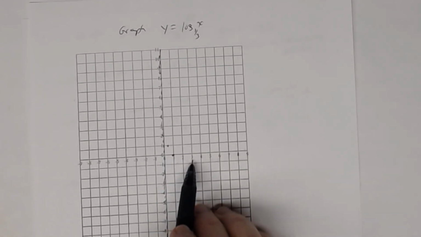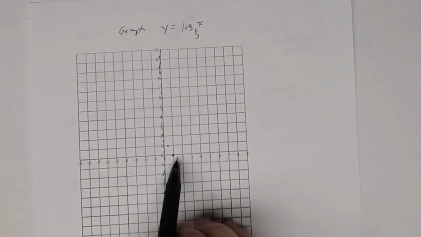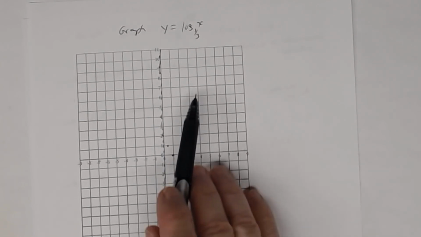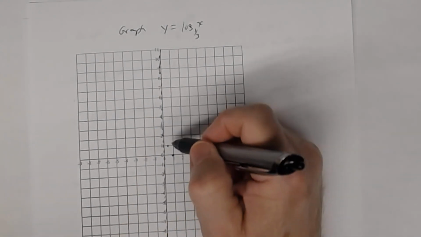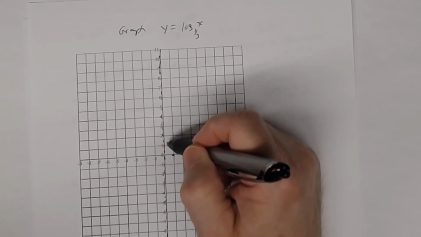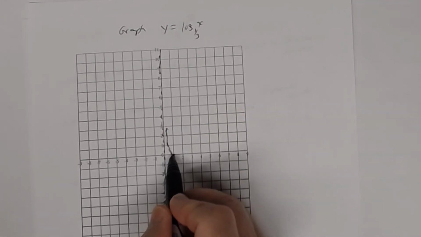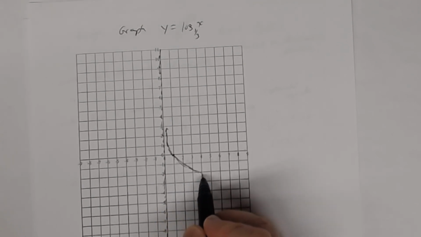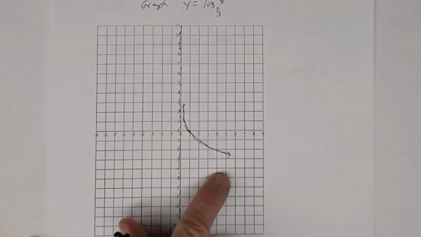And the problem is that you really don't know how to use the base change formula. So all you can do at this point is kind of draw something like this for right now, and then it goes away from the vertical asymptote like that.